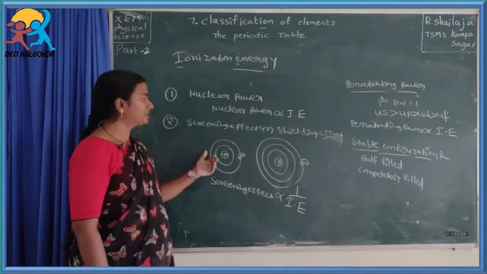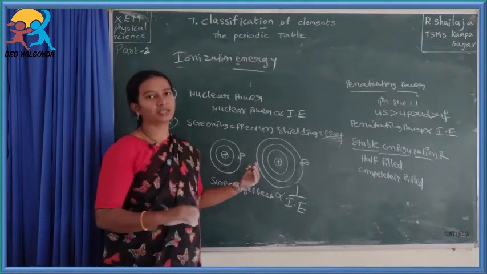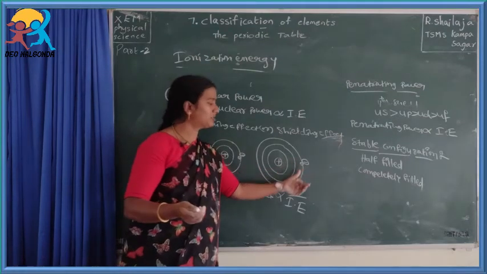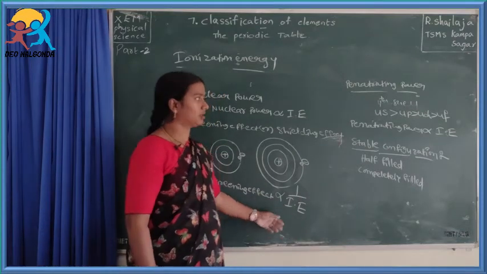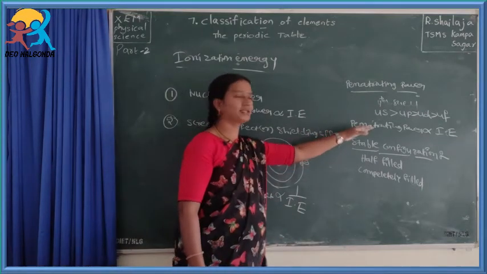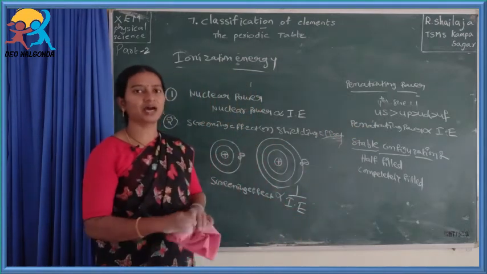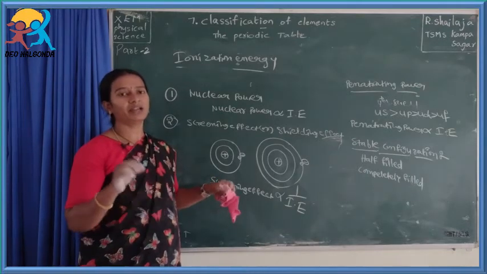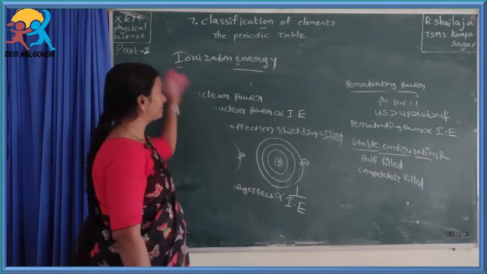Screening effect: more screening reduces the nuclear attraction on the outermost shell electron, so if there is more screening, the electron is removed easily. If penetration is more, more ionization energy is required. Next, half-filled and completely filled electronic configurations are stable configurations, and to disturb that stability we require more energy to remove the electron.